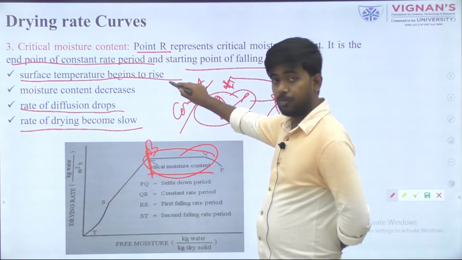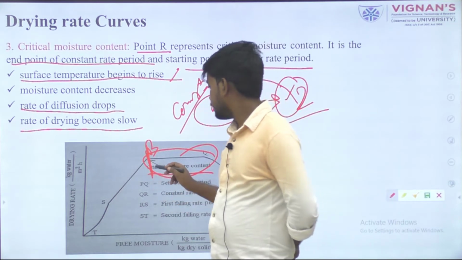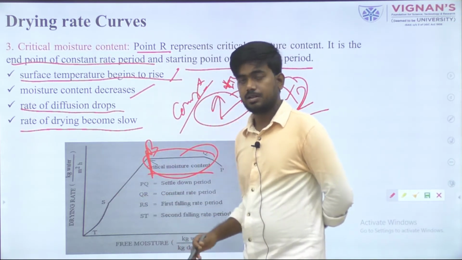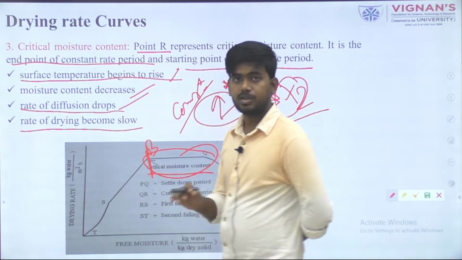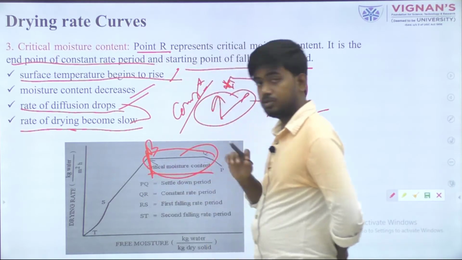So the surface temperature rises after the constant rate drying period, then the moisture content decreases, then the rate of diffusion decreases, meaning the drying rate is also very slow.